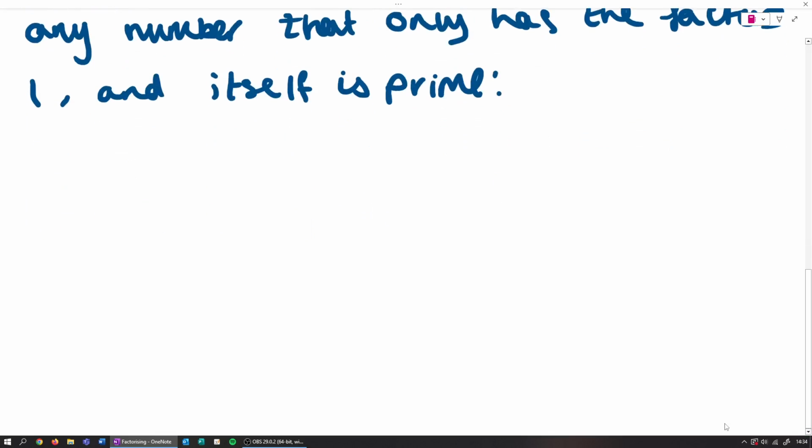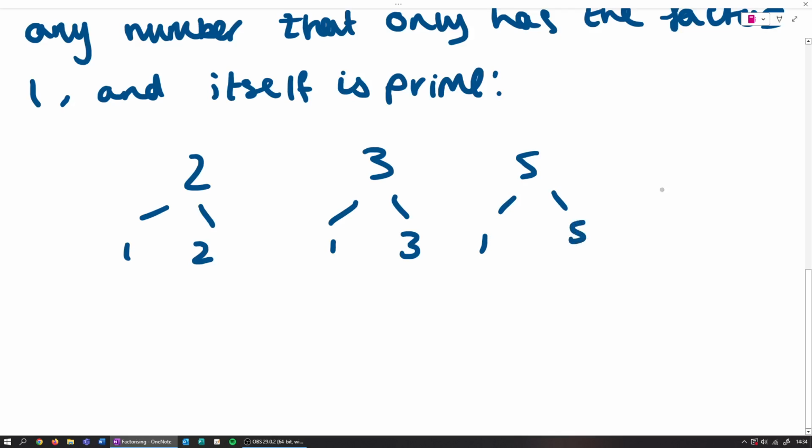The factors of 2 are 1 and 2. 3 as well, 1 and 3. 5, 1 and 5. 13, for instance, 1 and 13 are the only factors. There's one number that's not included, and that is 1. Now it has the factor 1, which is 1 and itself, so you think it would be prime, but we don't classify it as a prime number.